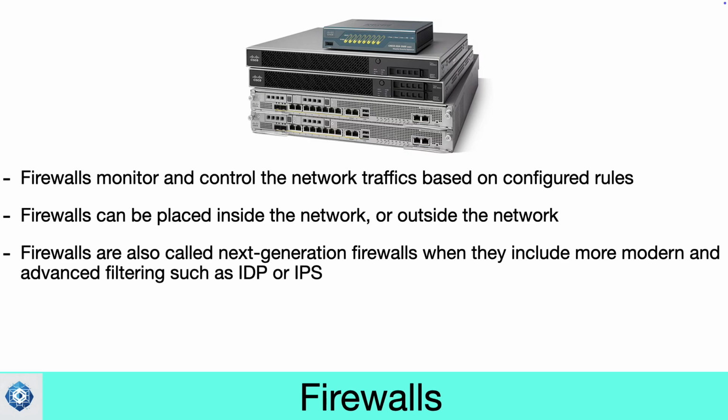The firewalls can be placed inside or outside, as we just discussed, and firewalls could also be referred to as next generation firewalls when they include more modern and advanced filtering techniques such as IDP or IPS, which stands for intrusion detection or intrusion prevention. So keep that in mind when you're looking at different networks, different topics, different readings. If you see next generation firewalls, it could just be a firewall with more advanced features.